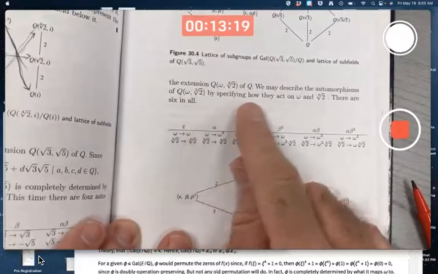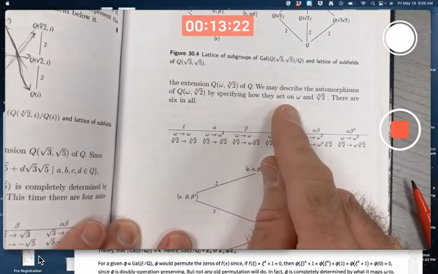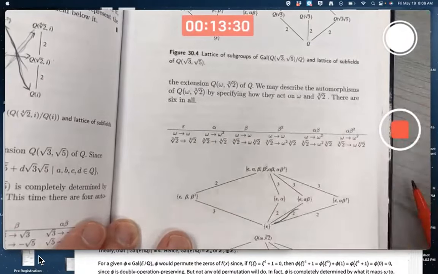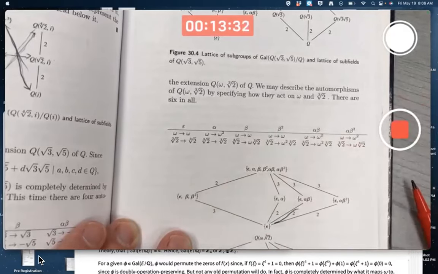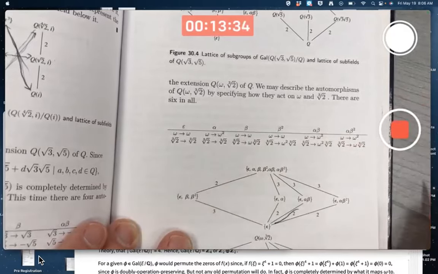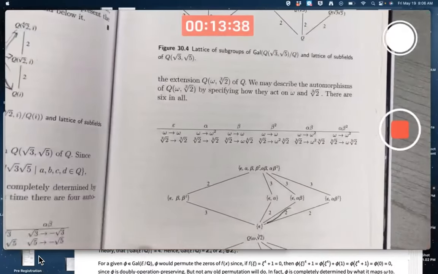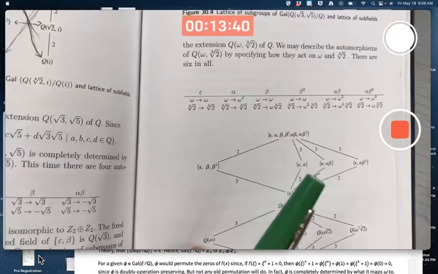So that's part of the reason why this statement is accurate: describe the automorphisms of this by specifying how they act on these two things. But that's not completely the reason. What else could we say? Now, this is a little tricky here.